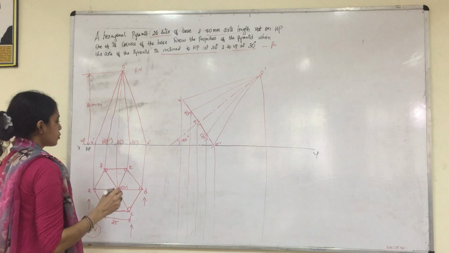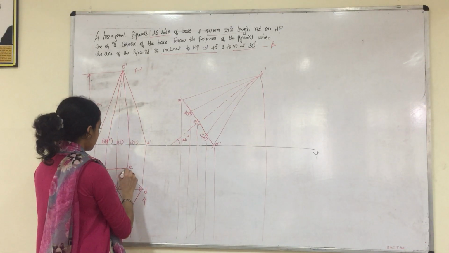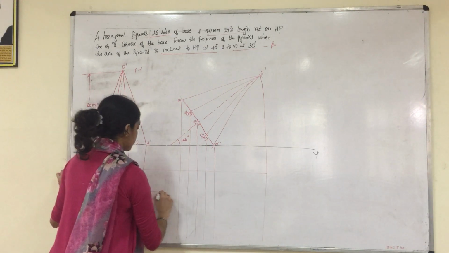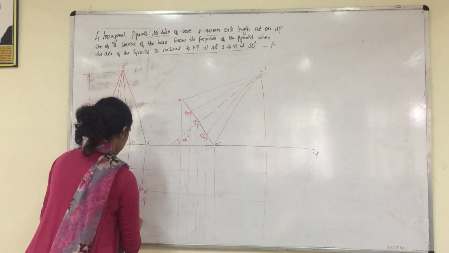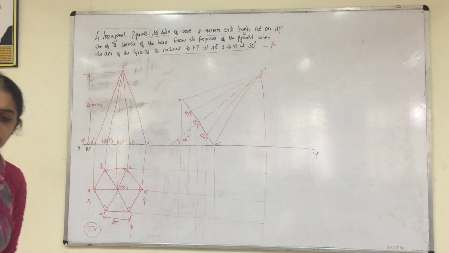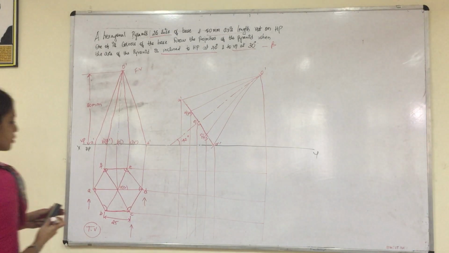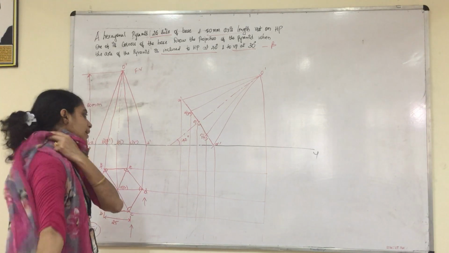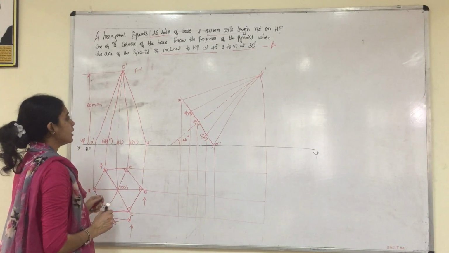After taking the projection, start taking the projection from the top view also. After taking the projections, you can erase the extra lines so that you won't have any confusion. After that you start reading the locus.